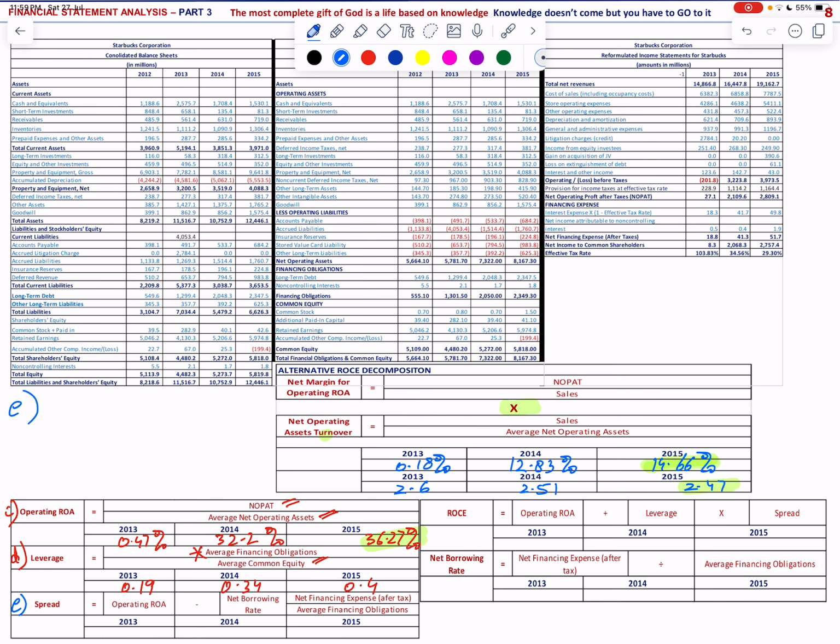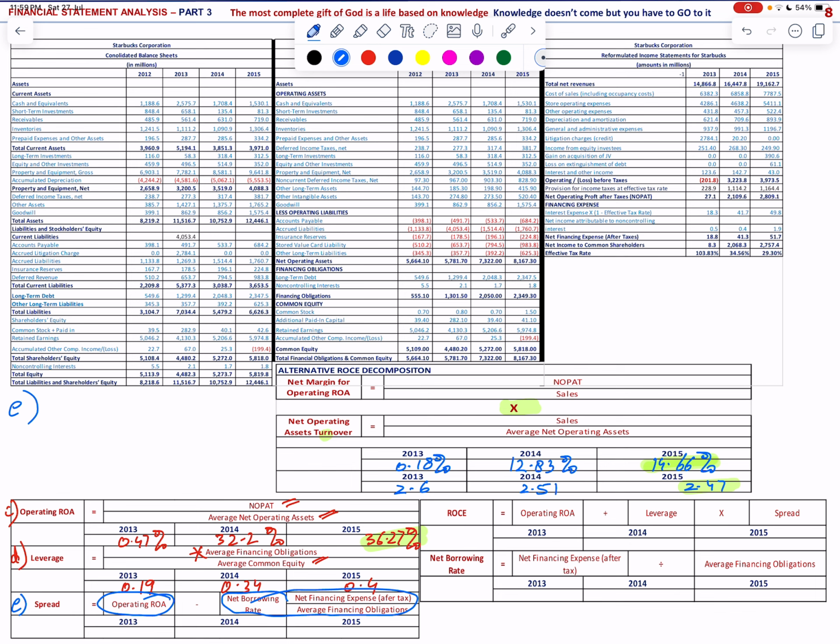Now for spread, we can see we have the operating return on assets minus net borrowing rate times net financing expense after tax divided by average financing obligations. So we have net borrowing rate. Let us calculate first of all the net borrowing rate.